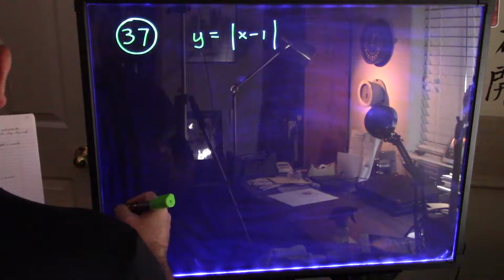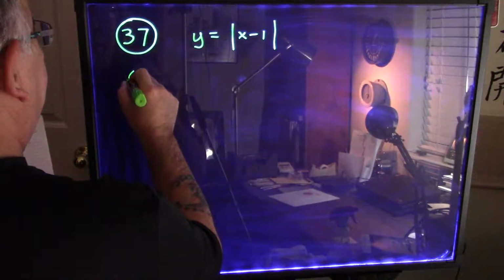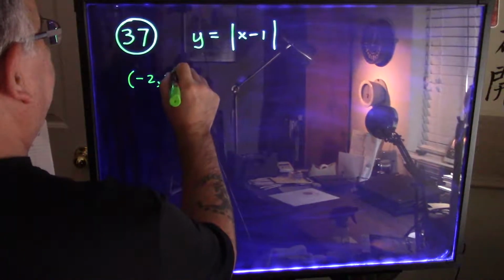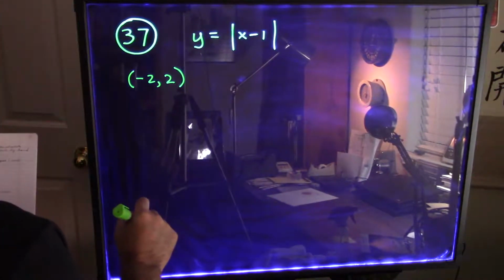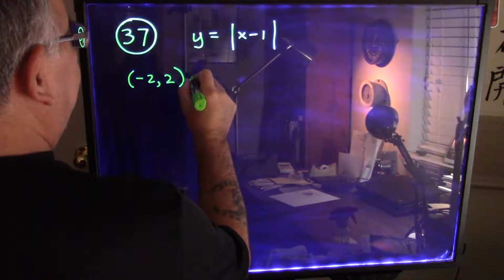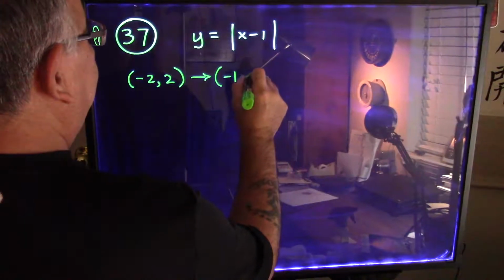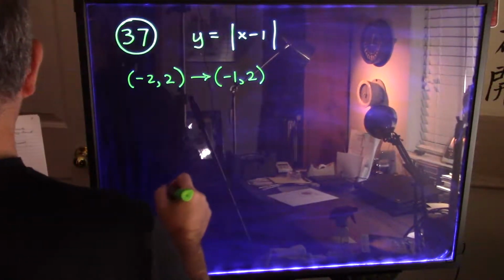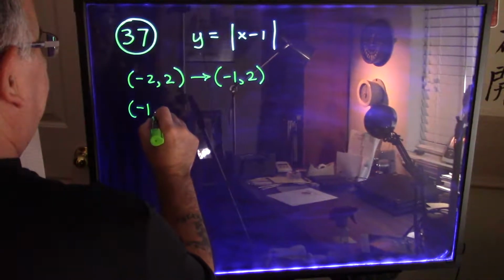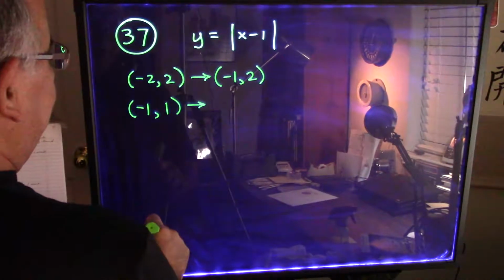So here's 5 points that we can transform on the original function. -2, 2. That's on y equals absolute value of x. Now you just add 1 to the x coordinate, and that becomes -1, 2. And -1, 1 is on the original graph, y equals absolute value of x.